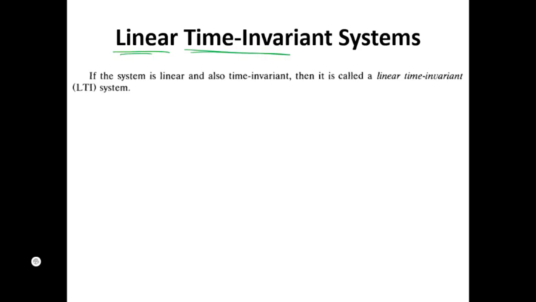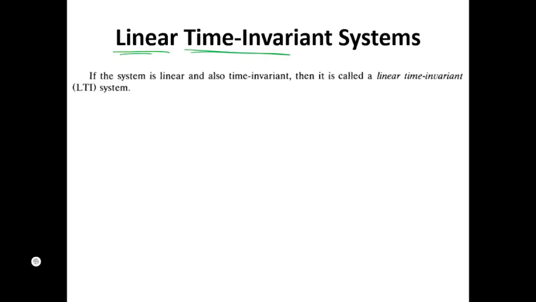If it follows both, then we call it a linear time invariant system, and such systems are of importance in the biomedical industry. Only LTI systems are used in the biomedical industry. That means if you do some addition of the inputs, your output will also undergo a similar amount of addition. And whenever you use this system, you will be getting the same output.